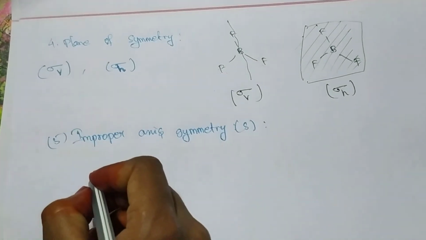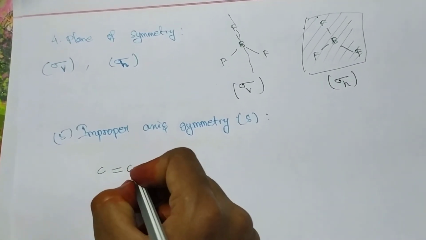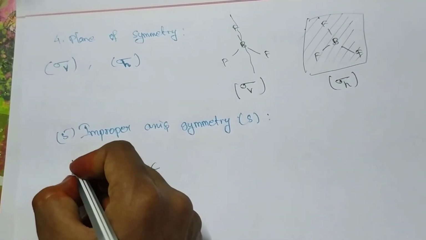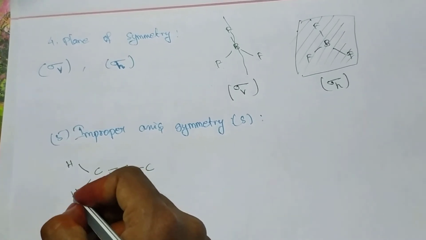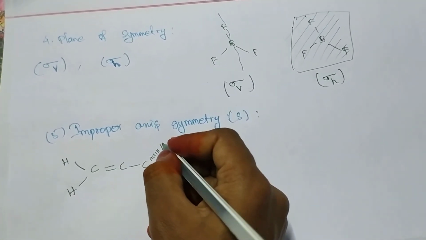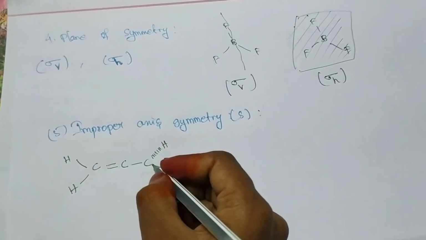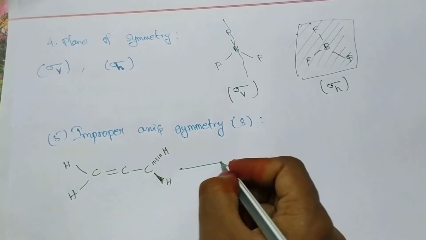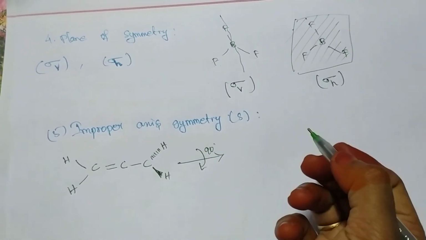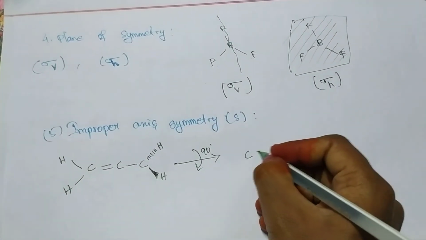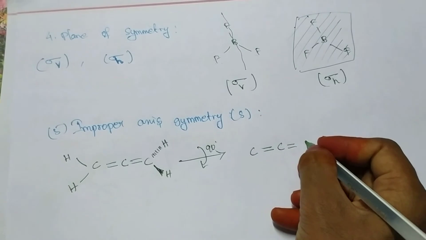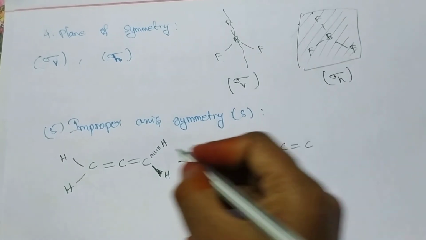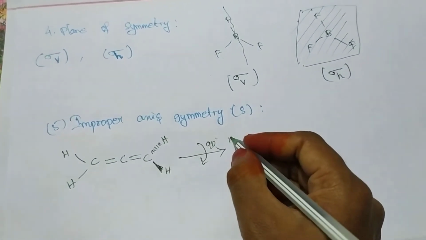There is an alkene. Now there is hydrogen. This also has hydrogen. This is the backside hydrogen, this is the front hydrogen. We rotate 90 degrees. Then this hydrogen will be on this side.